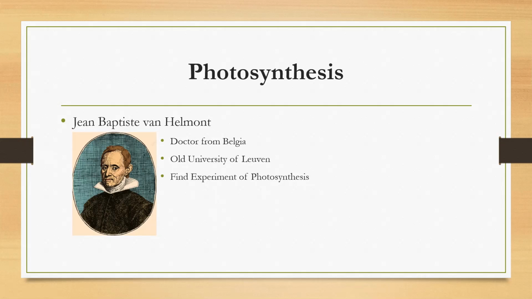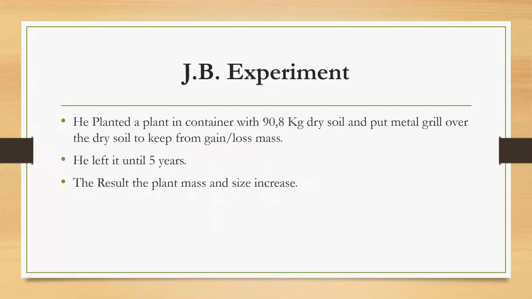And I think if you want to follow his experiment, that's easy, but it needs a long time. I will tell you about his experiment. For the first, he planted a plant in a container with around 90.8 kilograms of dry soil. For example, this is the container.